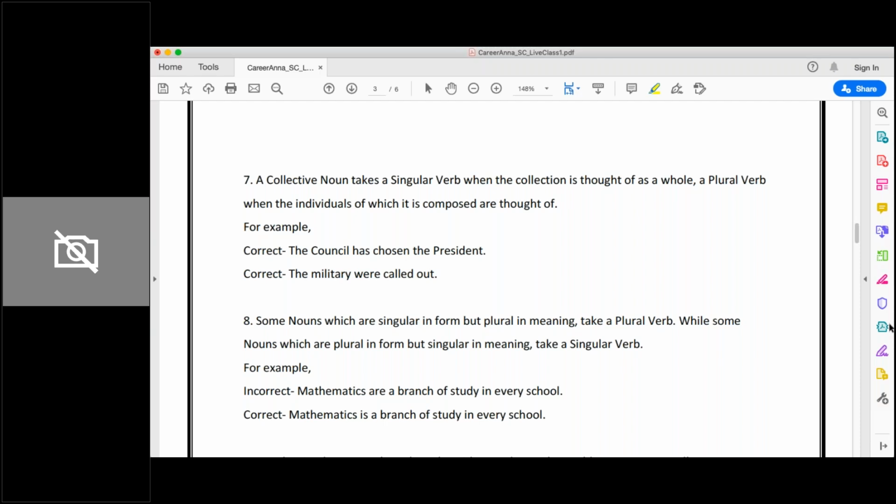If my collective noun is for uncountable nouns, I will treat it as the plural subject. Is it clear? Will we be able to link it with this? And remember, the collective noun is for a countable noun or an uncountable noun. For a countable noun, I will treat it as singular. For an uncountable noun, I will treat it as plural. Okay?